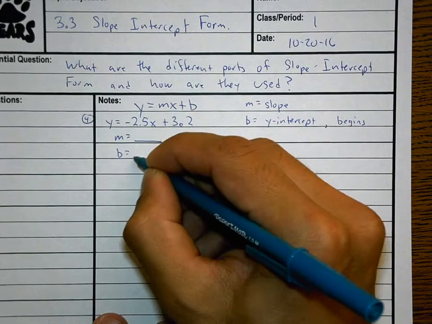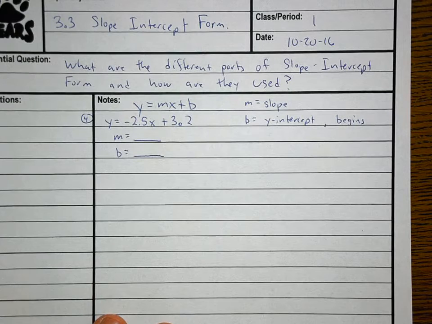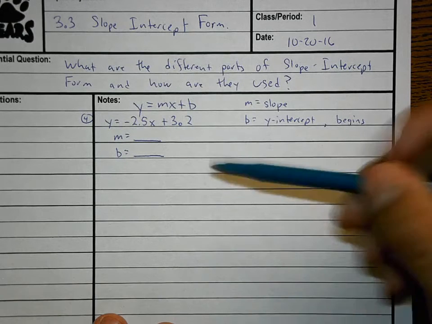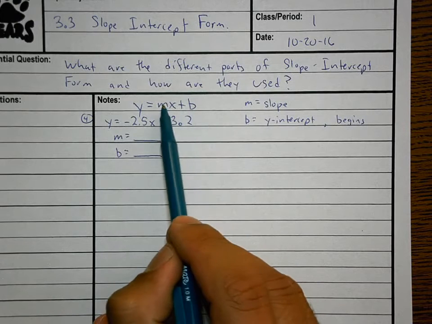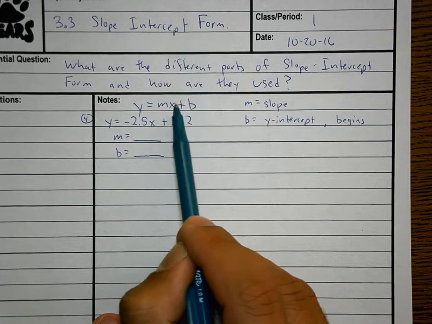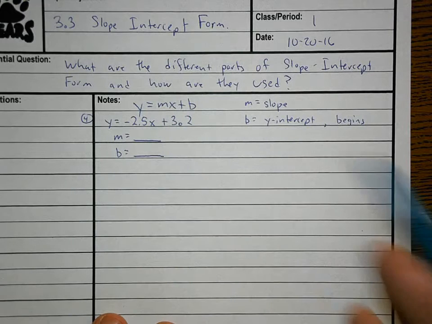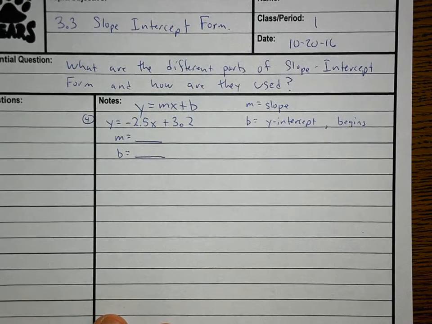B equals blank. This is how easy the first questions are. The first 6 questions, as a matter of fact, are this easy on your worksheet. Okay? So if you see this equation, the thing in front of the x is your slope. The thing that is being added to the x quantity, or the number by itself, is your y-intercept.